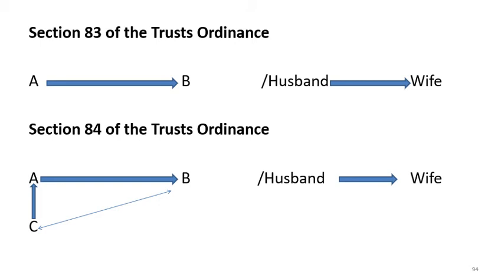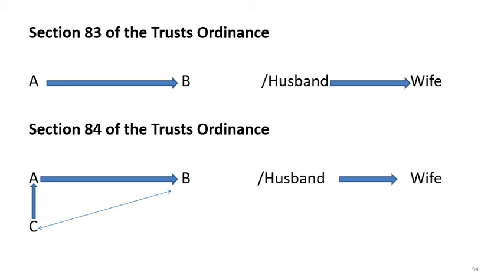Here again, A transfers the property to B, but C paid the consideration to A, not for the benefit of B. In those circumstances, if A transfers the property to the wife, but the husband paid or provided such consideration to A, there is a presumption that it is for the benefit of the wife.